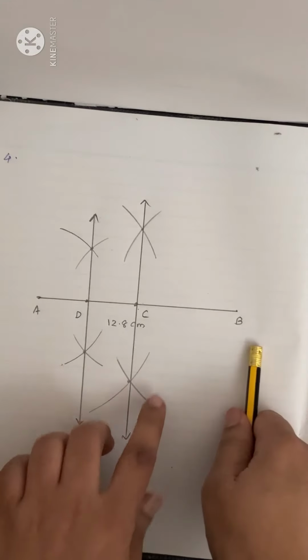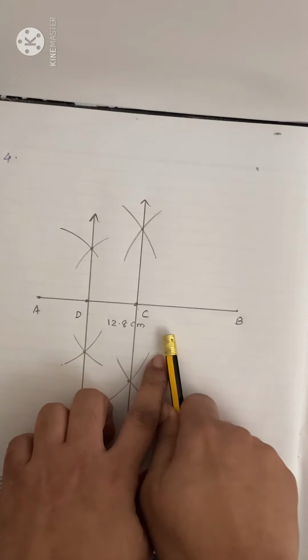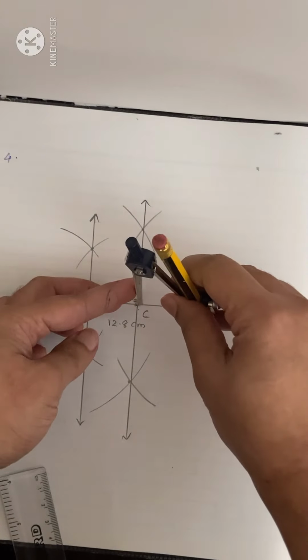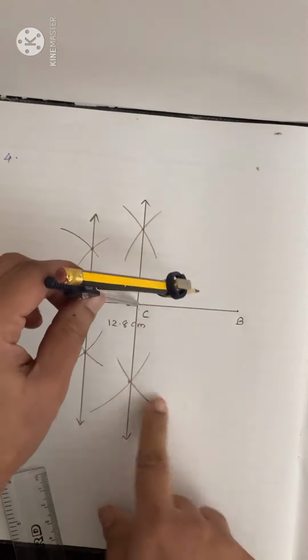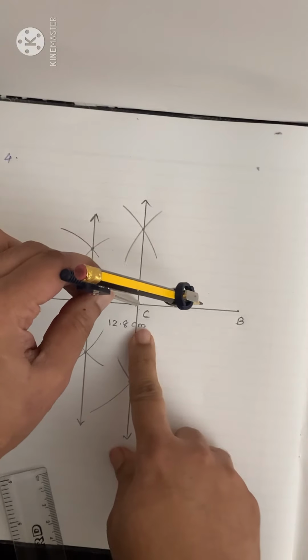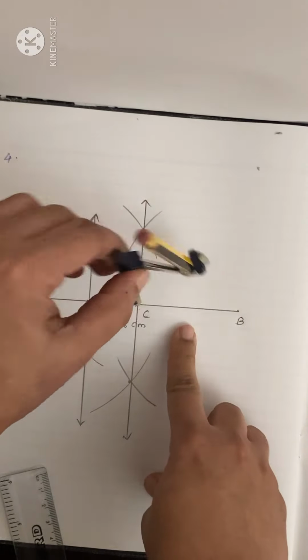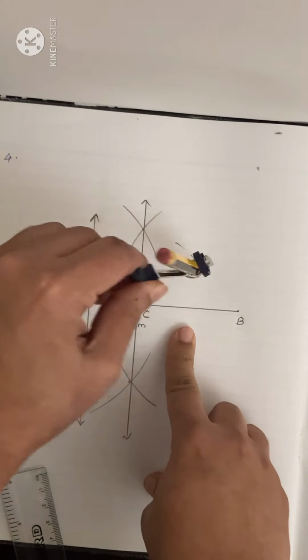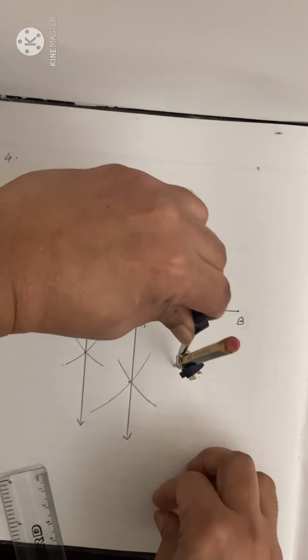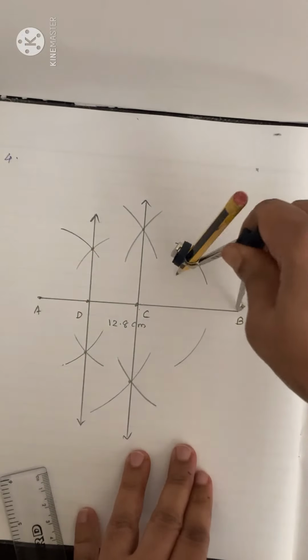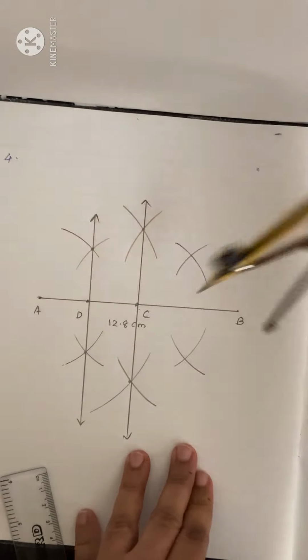Now with C and B as center, we will do the same. With C as center, now we will consider the line segment CB. Take a radius which is more than half of CB and draw an arc above and below the line segment. With B as center, draw an arc above and below.